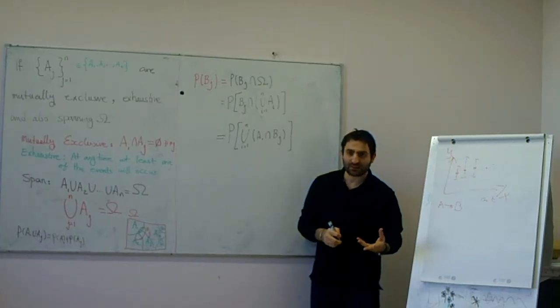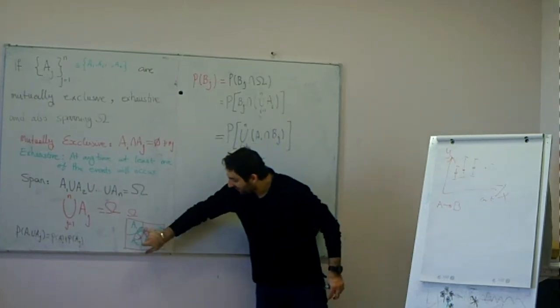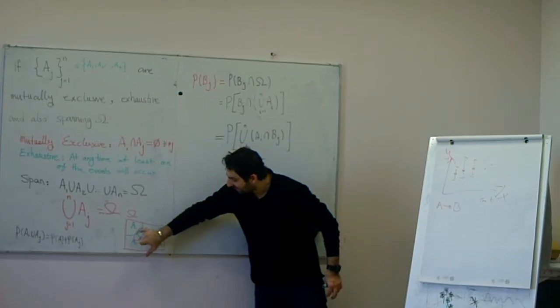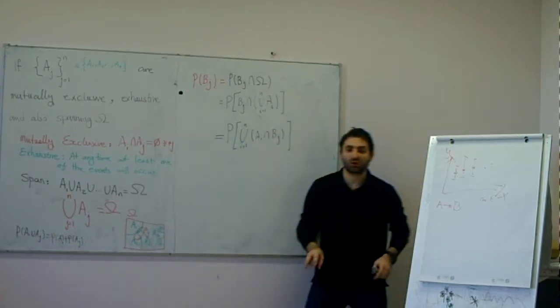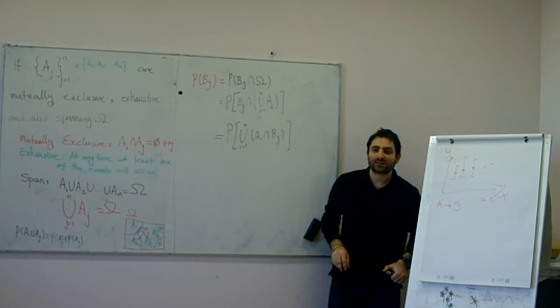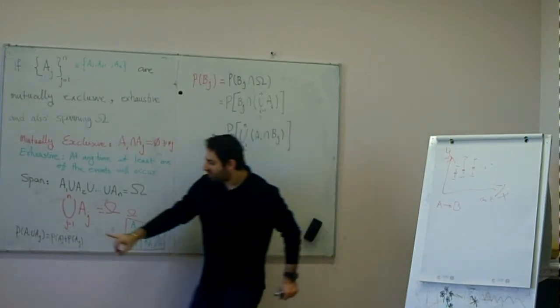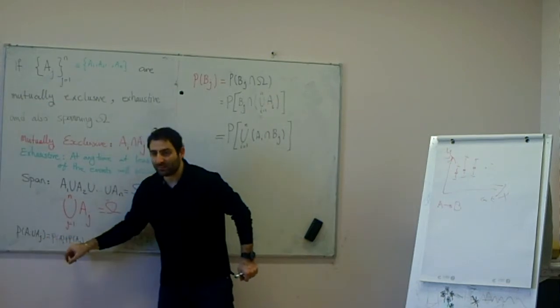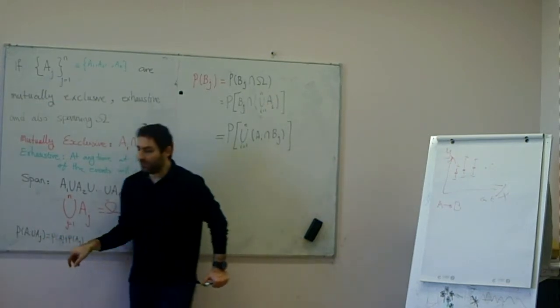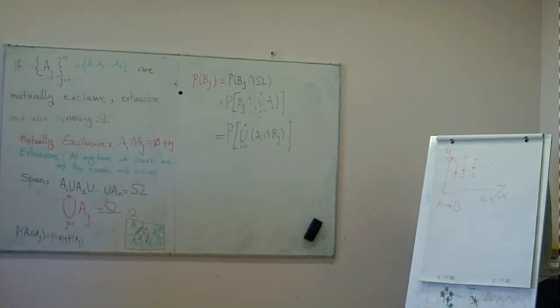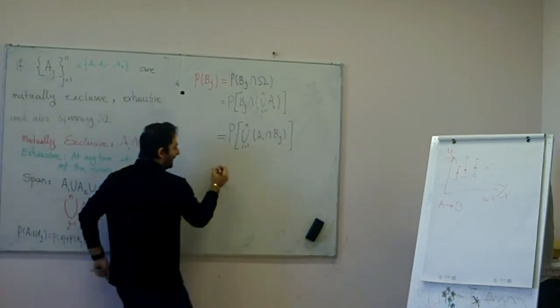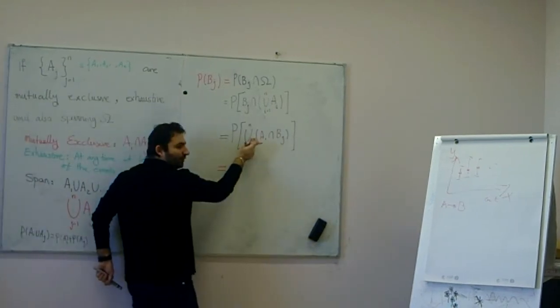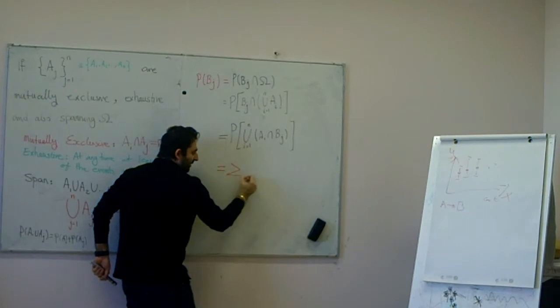Empty, there is no intersection. So the results of these intersections are also mutually exclusive. If we have mutually exclusive terms, what is the union? The union is a summation, right? So I can write it as, look, I put the union as a summation.